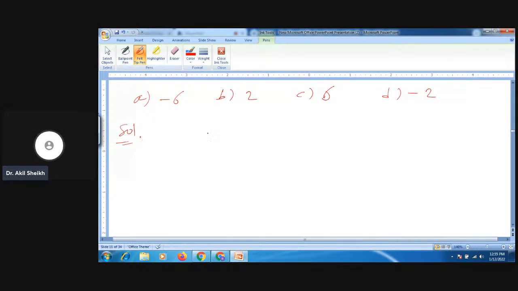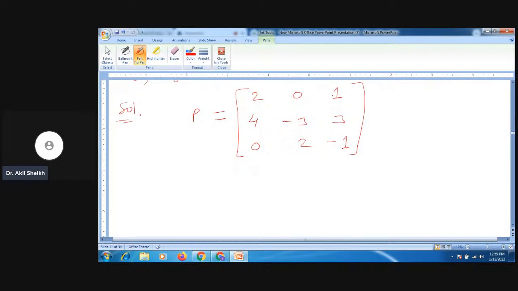Now here, this is the matrix P, that is [2, 0, 1; 4, -3, 3; 0, 2, -1]. Now here, we have to find the product of the eigenvalues of the matrix P. But we know that the product of eigenvalues is nothing but the determinant of the matrix.